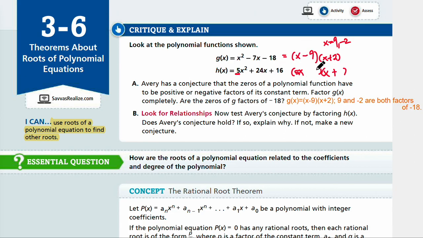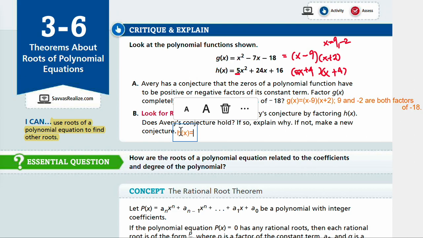Factors of 16: 16 and 1, 2 and 8, 4 and 4. 4 times 4 is 16, and it's positive 16. 4 times 5 is 20, and 20 plus 4 is 24. So we know it's going to be plus 4 on both sides.